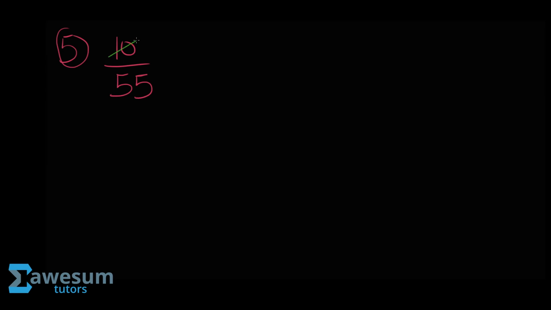So I will say 5 in 10 is 2. 5 in 55 is 11. So I have 2 over 11. Nothing can simplify this further, right, except if you divide by 1, which is what we are talking about in our concept. So the final answer is 2 over 11.